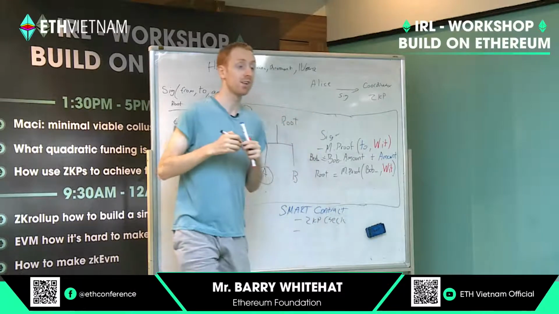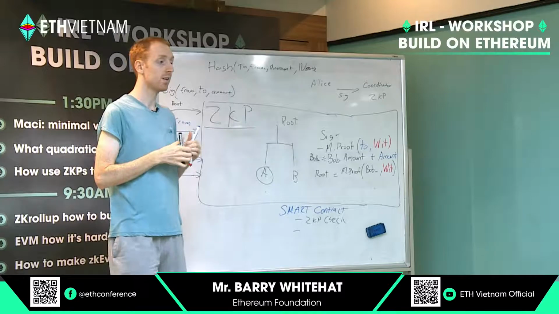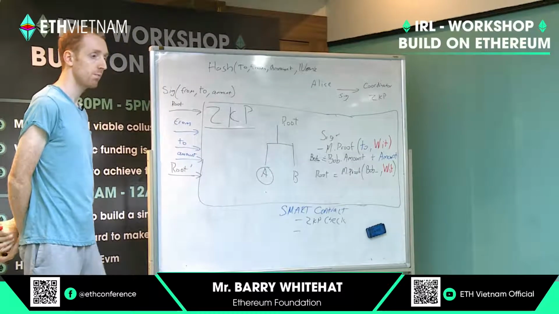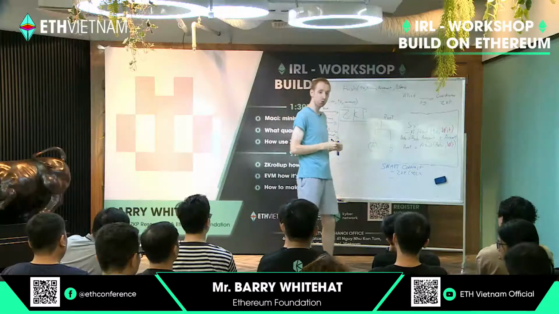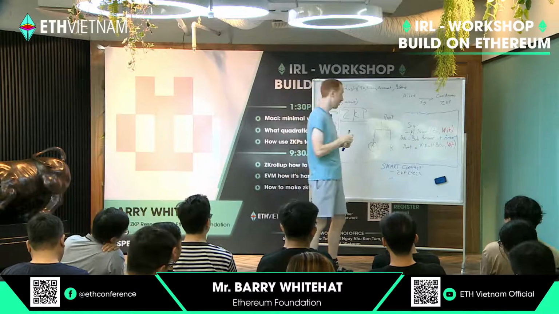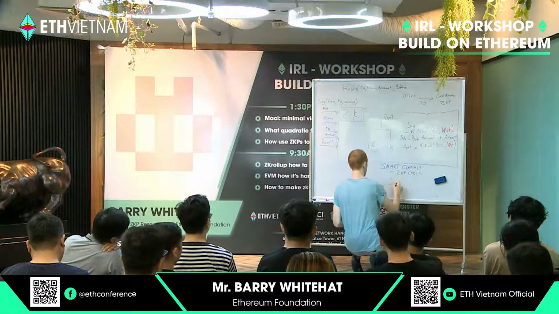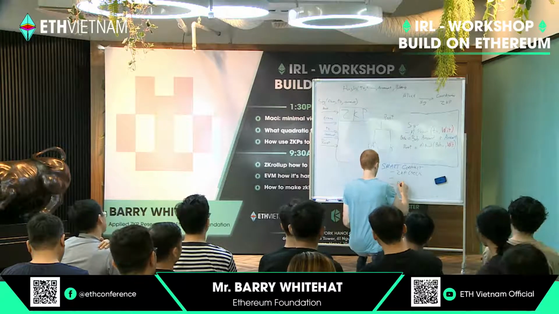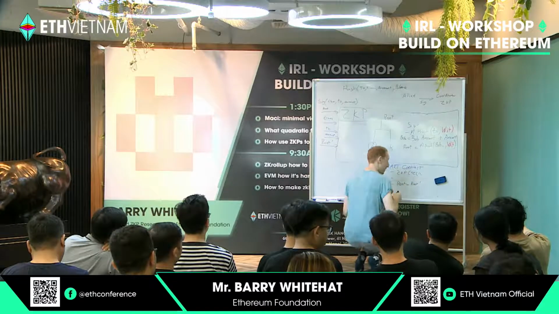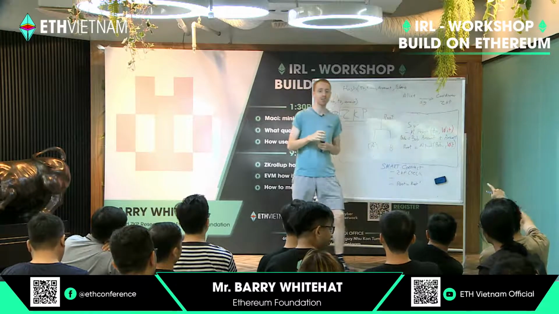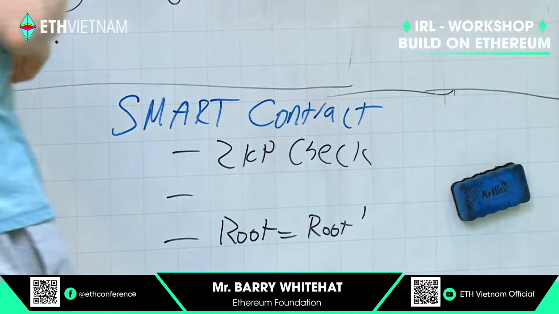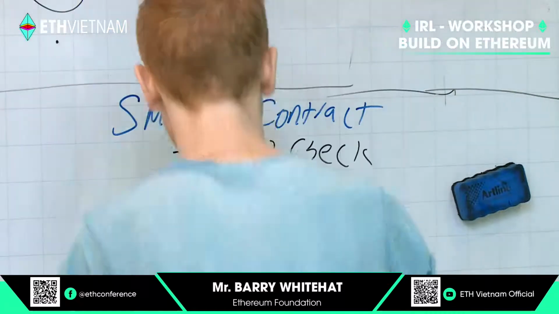What else? Yep, we need to check the root. What about the root? We store the root. Store root. Root equals root prime. And what else? The root is the current one. Yes, we have to check that this root is the current root.